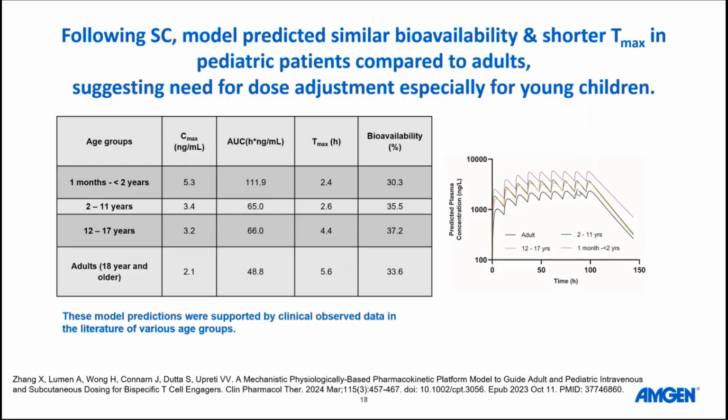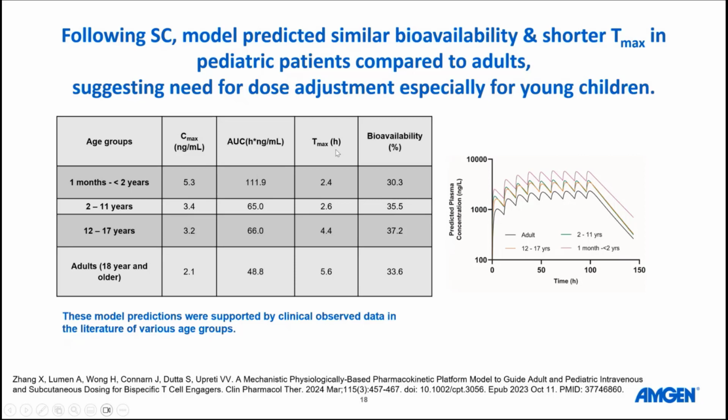And then we further included the SC dosing in the slide. You can see these pediatric age groups were dosed with the same flat dosing regimen. That's the reason their Cmax and AUC in the pediatric subjects are much higher.